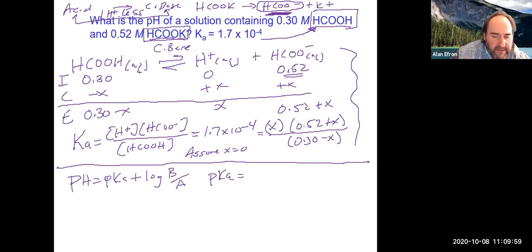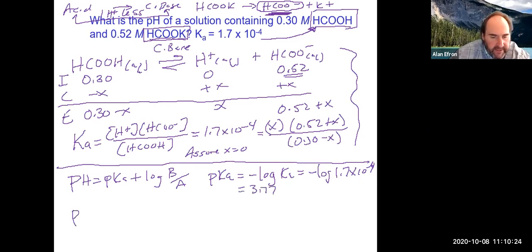That would be minus the log of our Ka, which is minus the log of 1.7 times 10 to the minus 4. That gets us 3.77, we'll call it.